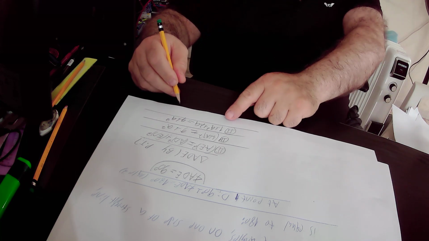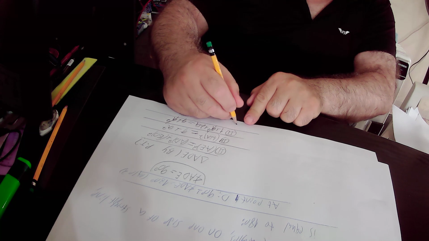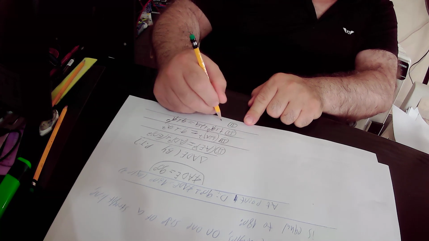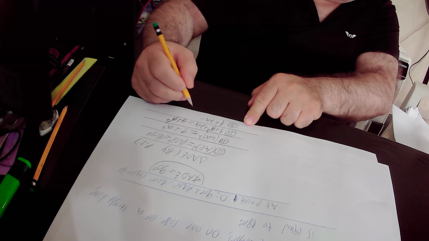Here we have A squared on both sides of equation number 2, so A squared will get cancelled, and we are left only with 1 plus 2A, that is equal to 9.